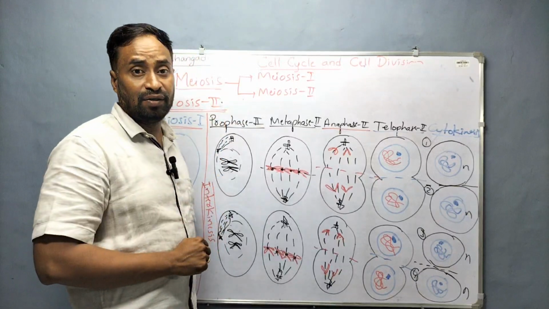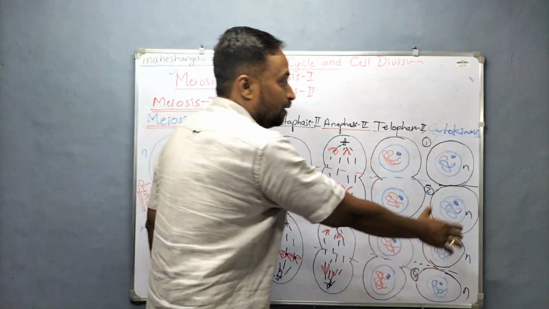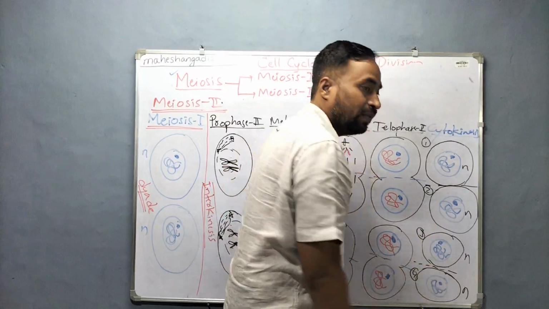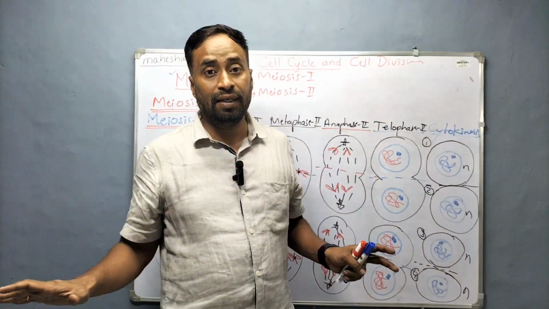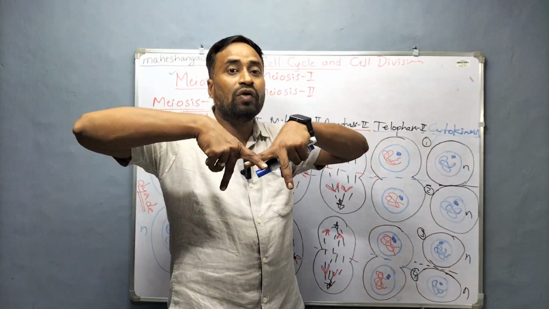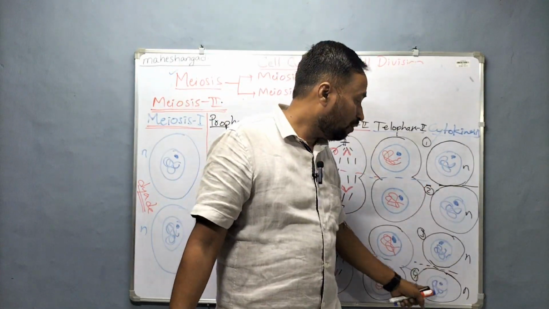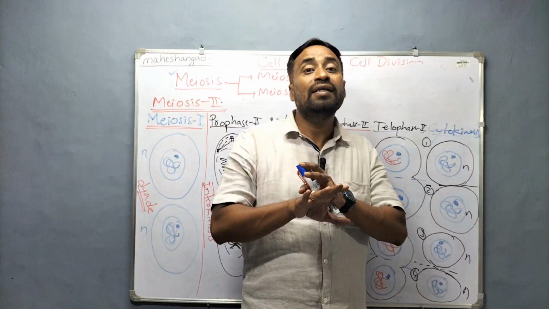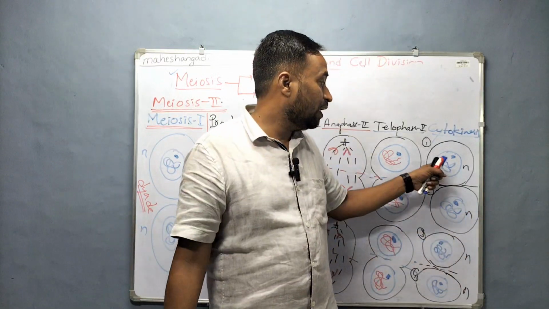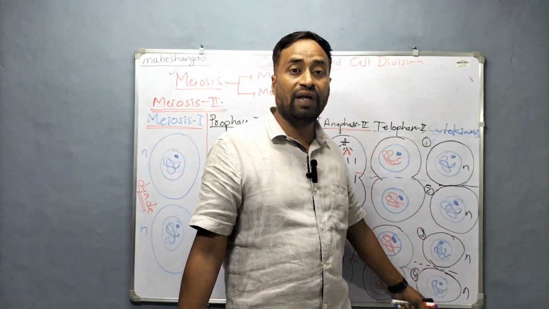They are identical daughter cells. But here, the daughter cells are non-identical, because of the crossing over in prophase 1, the genetic material of all four cells got changed. That is why they are genetically different.